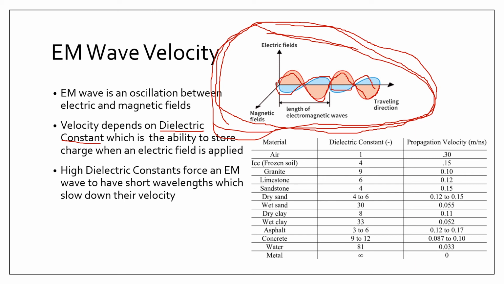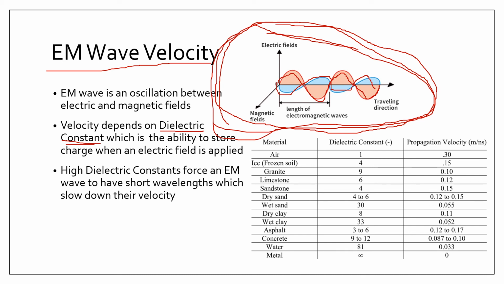Okay, so now let's discuss what is dielectric constant. The velocity of your EM wave depends on the dielectric constant of your material. Dielectric constant is the ability of your material to store a charge when it is subject to an electrical field. So it's sort of a material that can act as a battery.